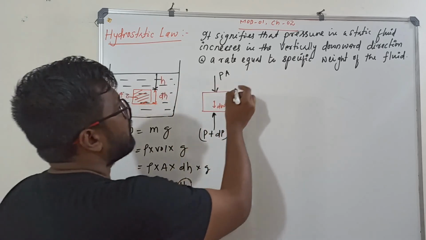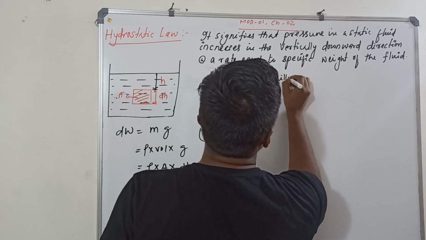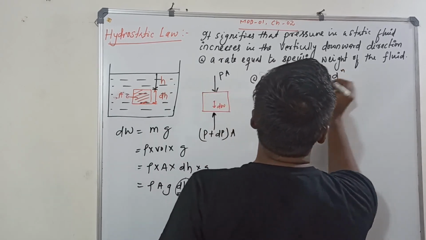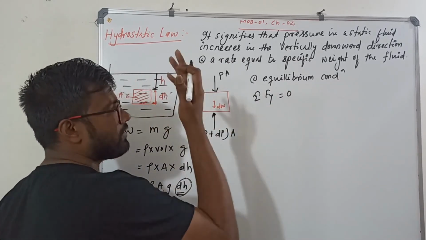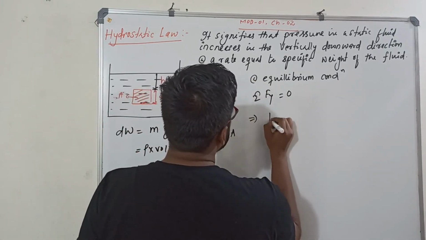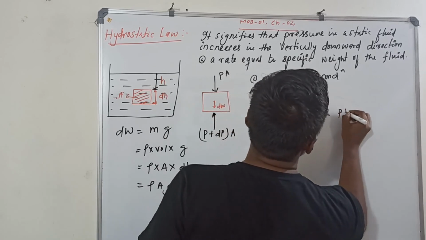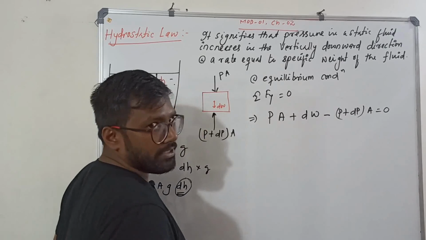Now, go for the equilibrium condition. At equilibrium, the summation of Fy is 0. Forces in the y direction sum to 0. So we get PA plus dW minus (P plus dP) into A is equal to 0.